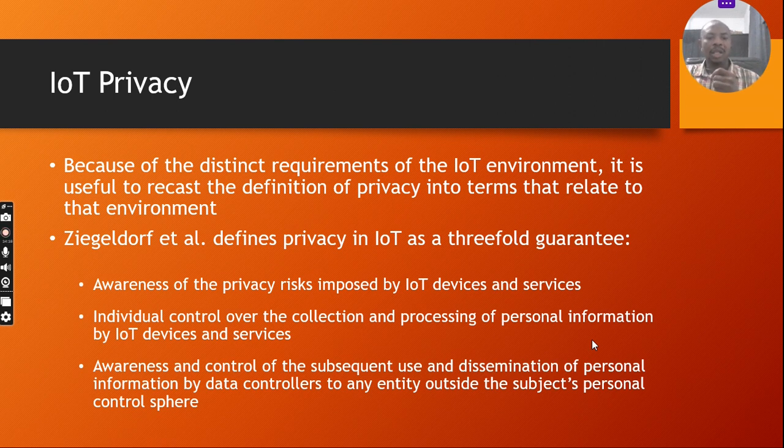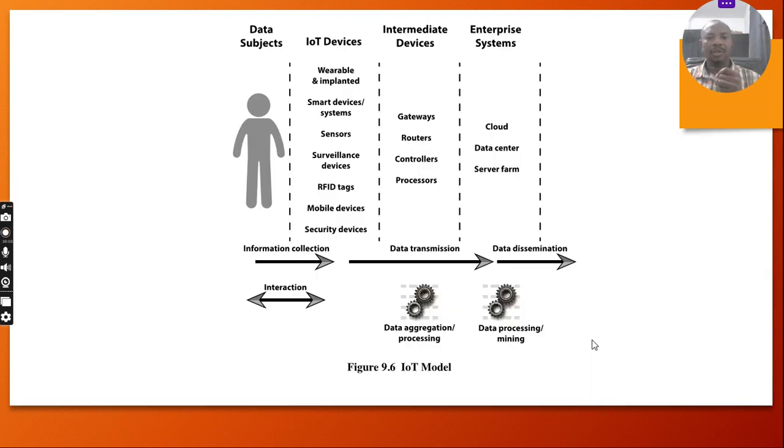Then the third one is awareness and control of the subsequent use and dissemination of personal information by the data controller to any entity outside the subject's personal control sphere. So we should have awareness and control of the subsequent use and dissemination of personal information. These three things are the three folds, or three bedrock, of privacy in the Internet of Things. Now here is the Internet of Things model.